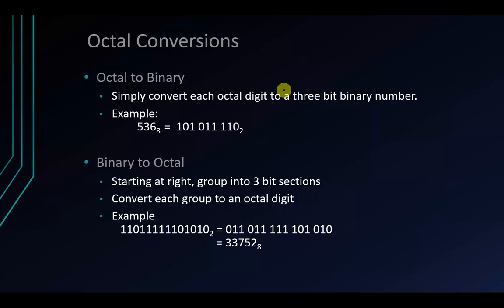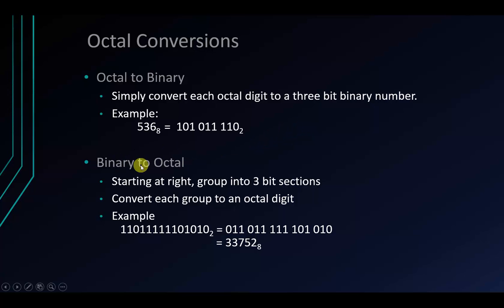So converting from octal to binary is really quite simple. You just take each octal digit and you convert it to a 3-bit binary number. So the octal value of 536, you take the 5, you convert that into a binary 5, the 3 into a binary 3, and the 6 into a binary 6. And that's how it's represented.